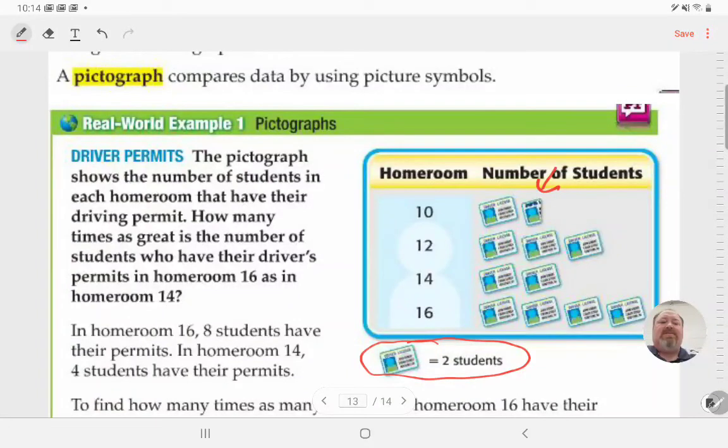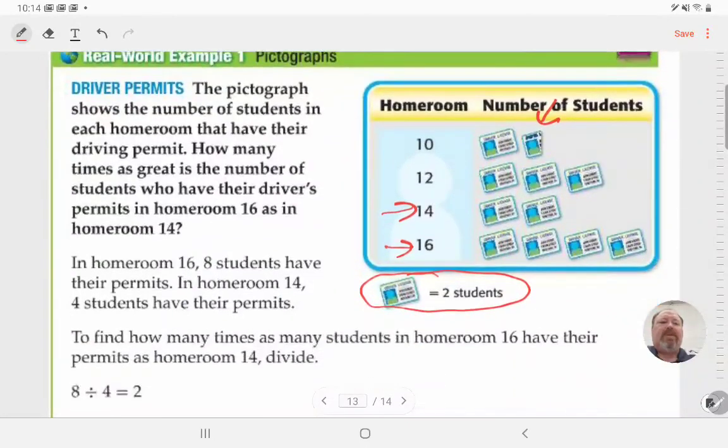In this question, it says the picture graph shows the number of students in each homeroom that have their driving permit. How many times as great is the number of students who have their driver's permits in homeroom 16 as in homeroom 14? We know that there are 4 in homeroom 14, and there are 2, 4, 6, 8 in homeroom 16.